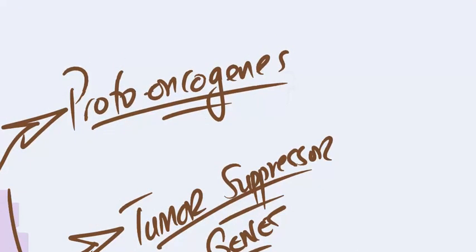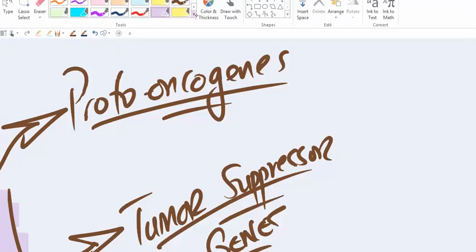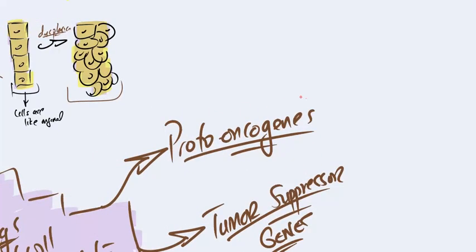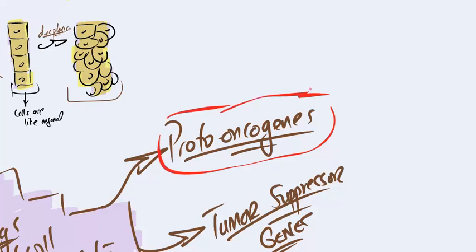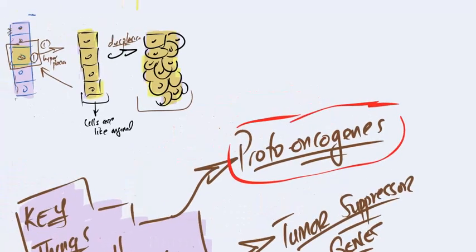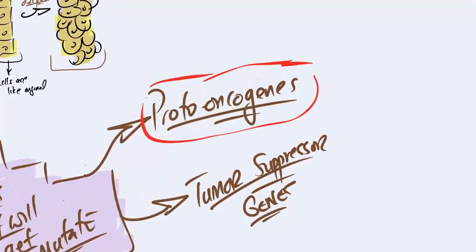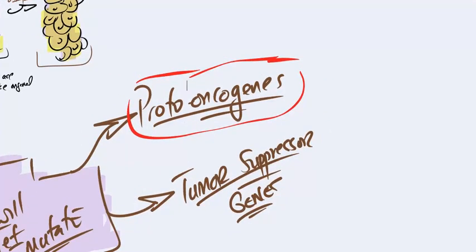All right, so does anyone know what a proto-oncogene is? Okay, yeah. So these are genes that promote cell growth and cell division.